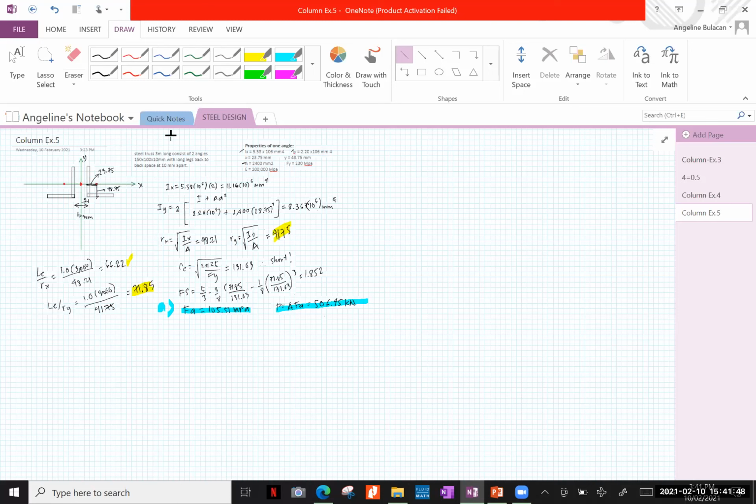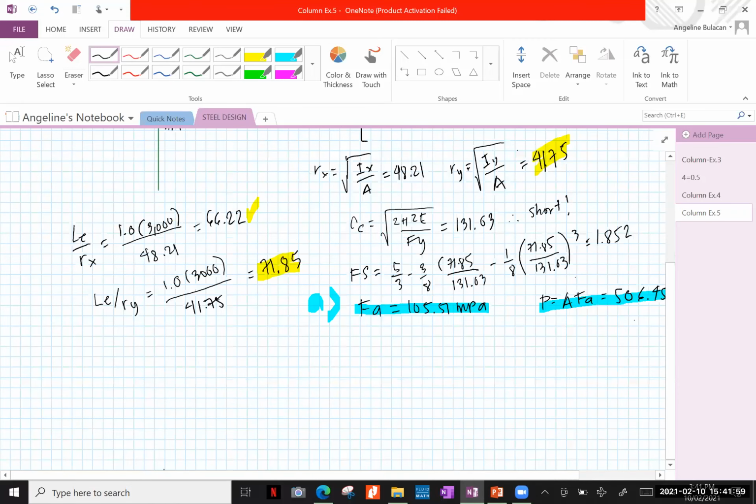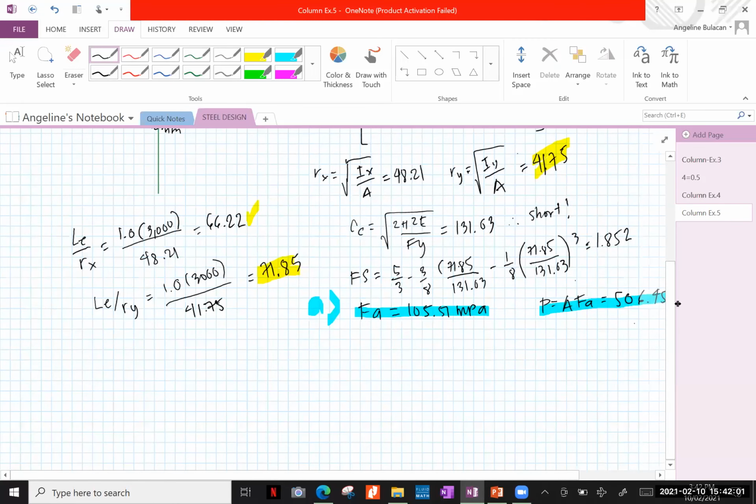So, ang gagawin natin is we will equate the moment of inertia of your x and y axis. Ang sabi kasi distance daw para maging equally strong sila. So, gawin natin I about the neutral axis sa x-axis should be equal to the moment of inertia sa neutral axis ng y-axis.